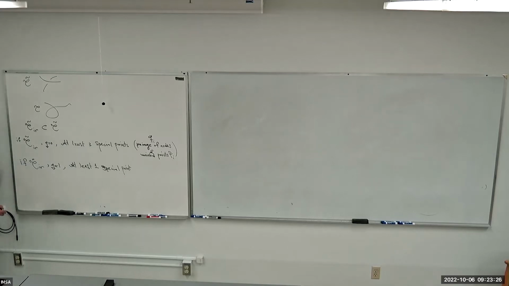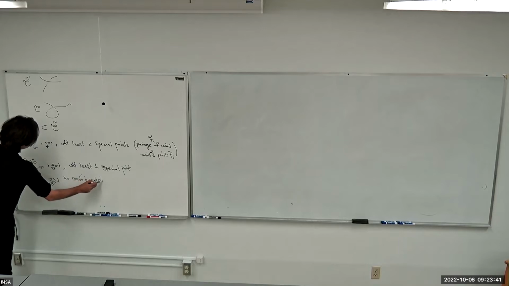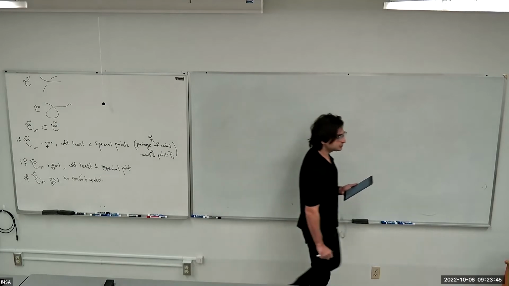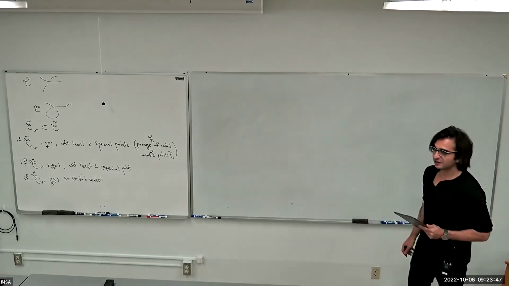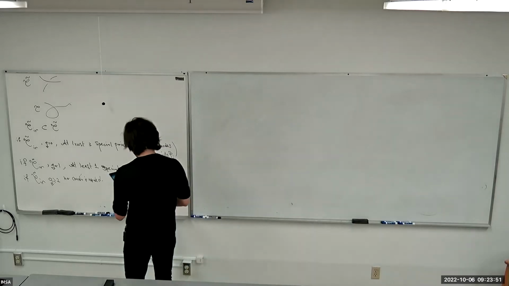For other components, if the irreducible component of C tilde has genus 2 or higher, no condition is needed, because it is in fact proven that an algebraic curve of genus greater than or equal to 2 has finite automorphism group. Okay. And this is what we did.